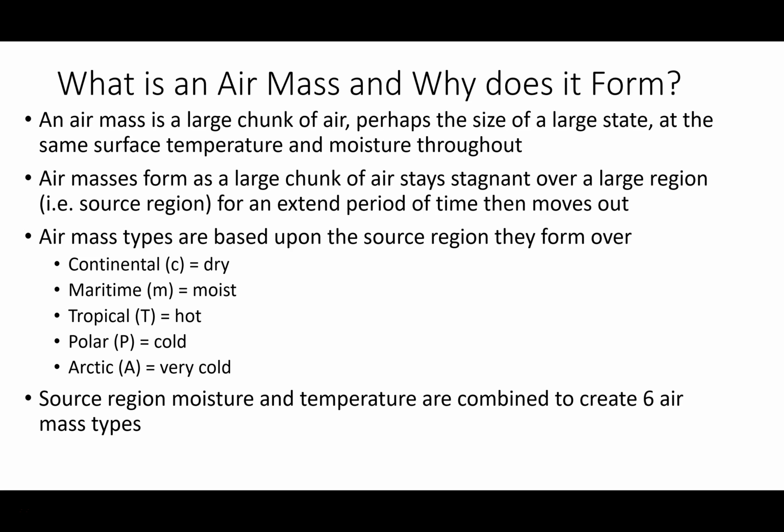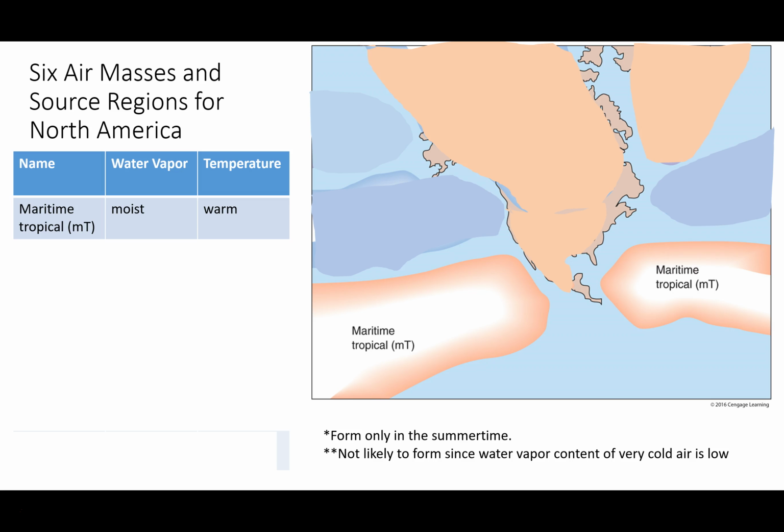Temperature-wise, the ones that line up with maritime and continental, your options are going to be polar or tropical. So that's how it goes. So here we go. Here are the six air mass source regions. You can see the United States there.